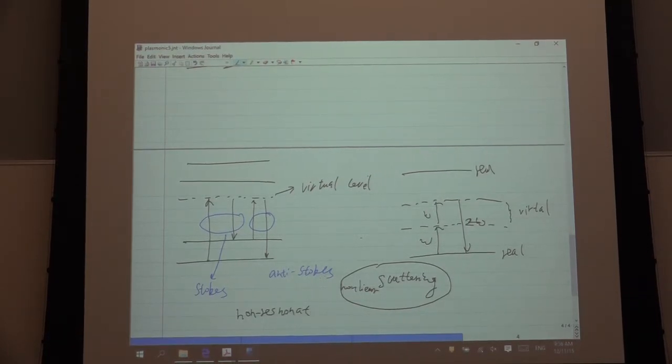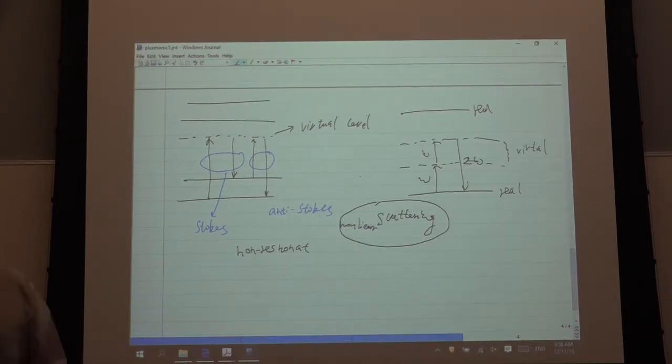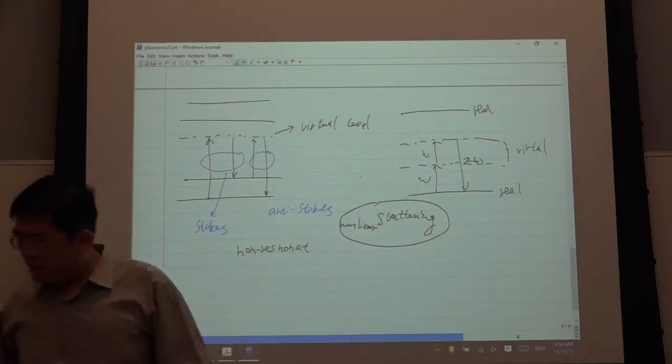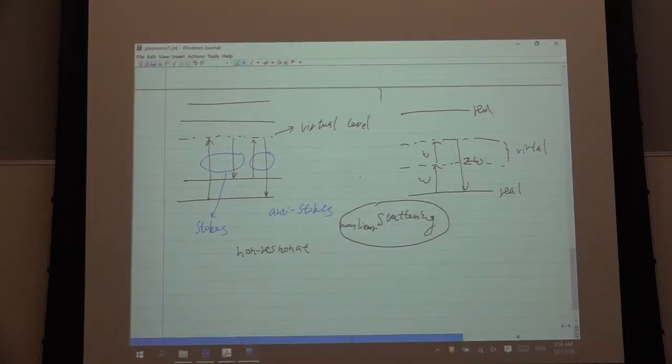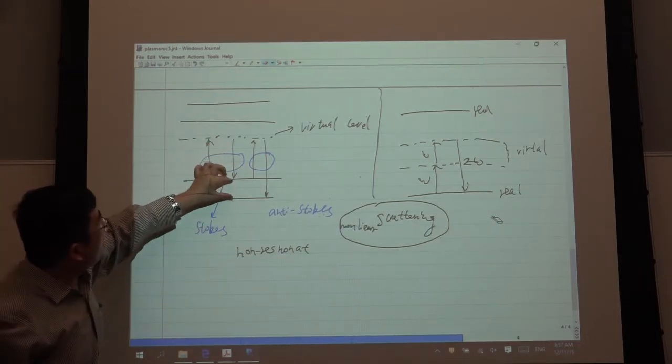So all of them are serious? Not just the left-hand side one or the right-hand side one? The right-hand side is second harmonic generation. Second harmonic generation and the third are non-resonance scattering. But for the third, you can see the shift is very small.